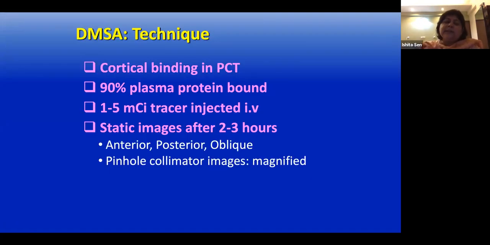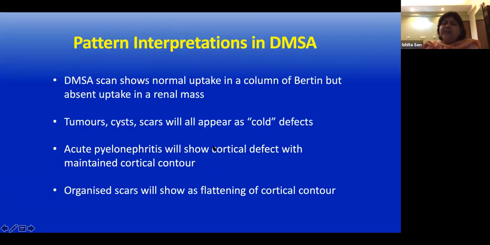Now coming to the last bit, the DMSA scan. As I said before, DMSA is used for looking at cortical structure, and since it is highly plasma bound, you have to give it 3 hours for the uptake to happen, and you take images in different projections. What is important is to know the pattern in a DMSA.